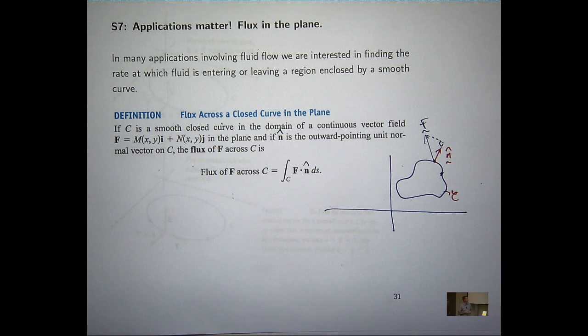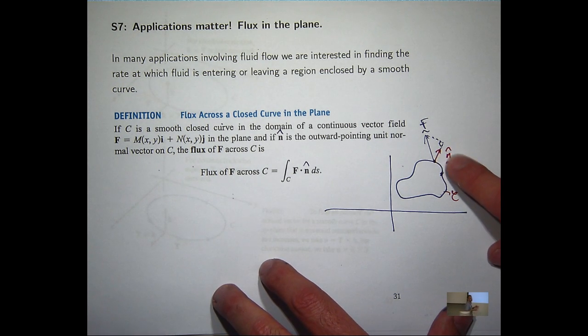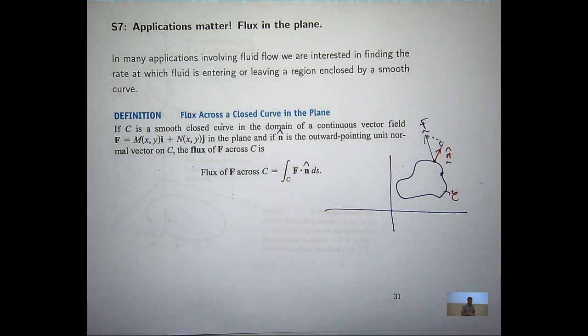That's what that F dot n hat means. Think of this little triangle, this length here. Because n hat's a unit vector, that length is going to be F dot n hat. There's going to be some function. Think about integrating that over the curve. That's what you're doing.